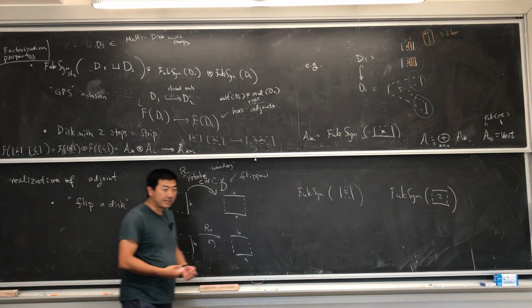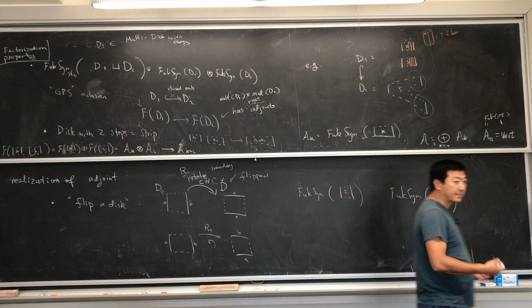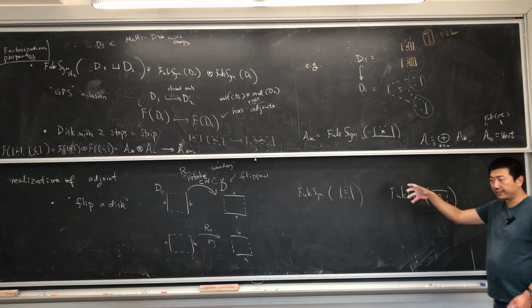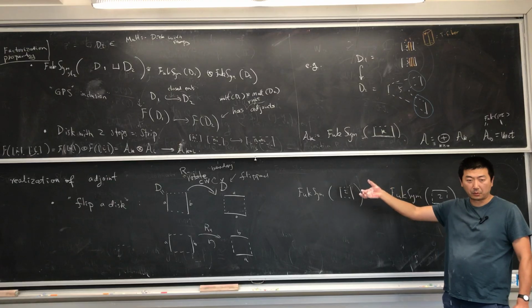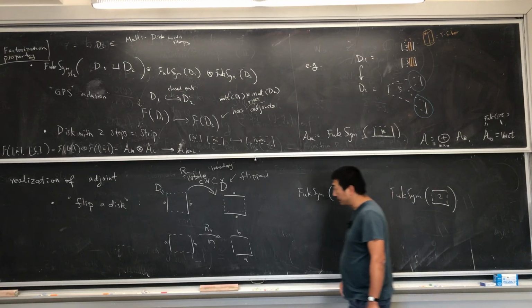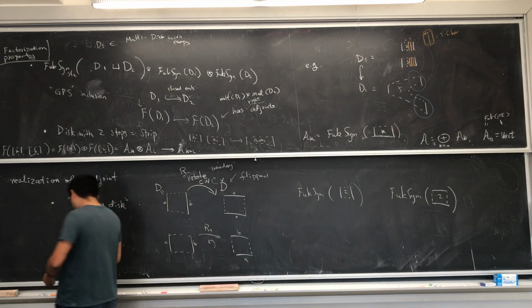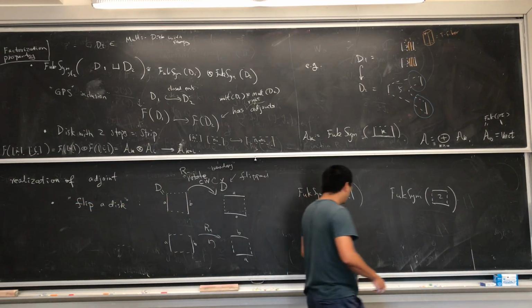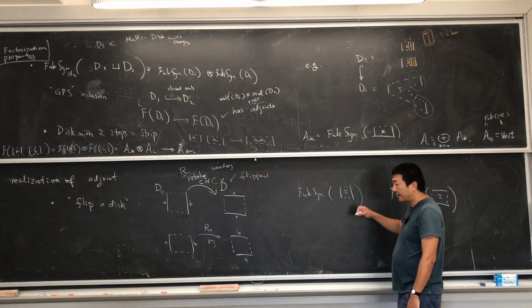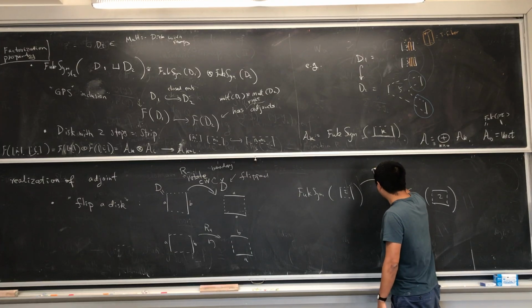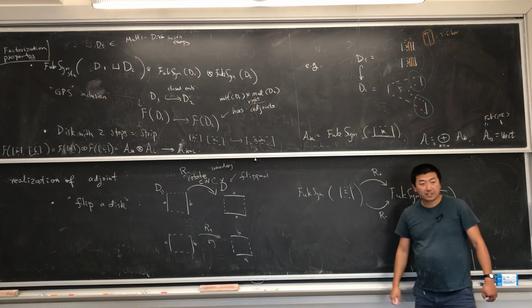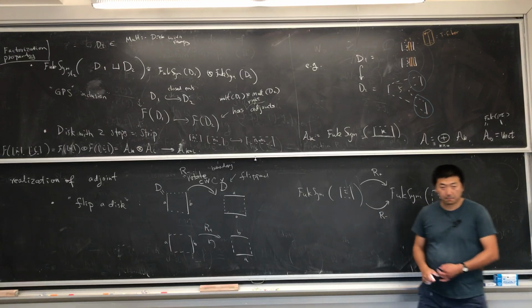So for a disk with n stops, its flipped disk is also a disk with n stops, but in the complement spots, and you either rotate left 1 click or right 1 click. It's R plus, R minus. This geometrical rotation can be realized as a symplectic homomorphism, so on the Fukaya category you also have corresponding functors with the same notation.